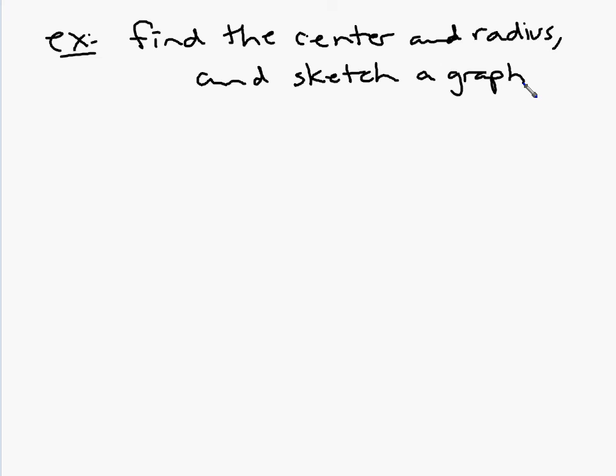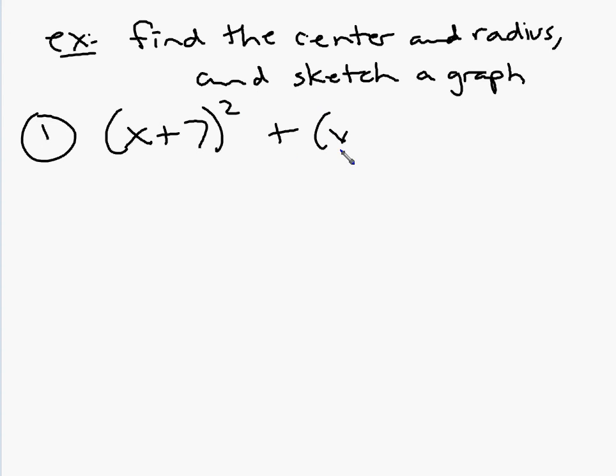Now let me just say these graphs do not have to be perfect. You do not have to use a compass or anything like that. Just get it close. So if they give you the equation like this, x plus 7 quantity squared plus y minus 3 quantity squared equals 1/16. Let's say that's our equation of a circle.